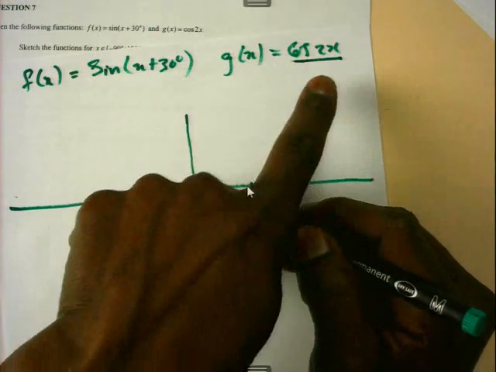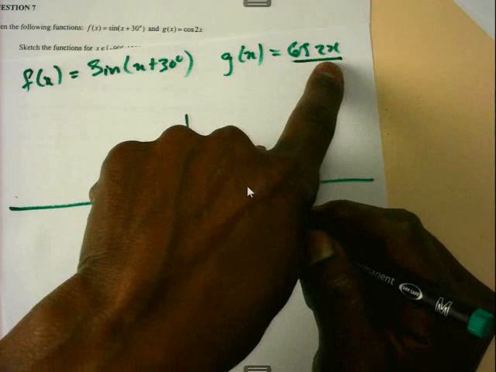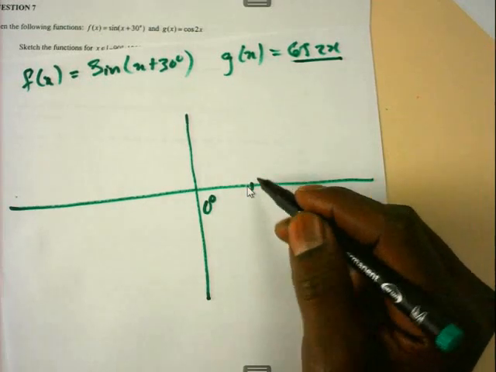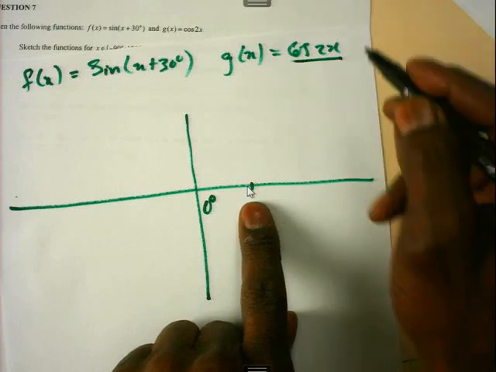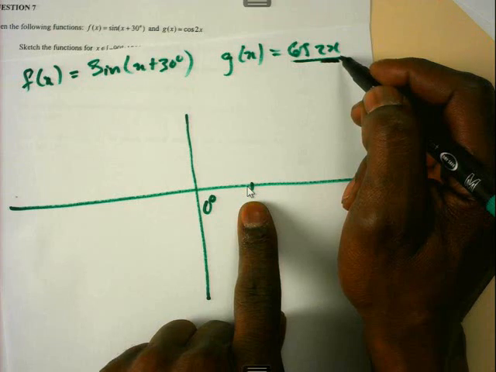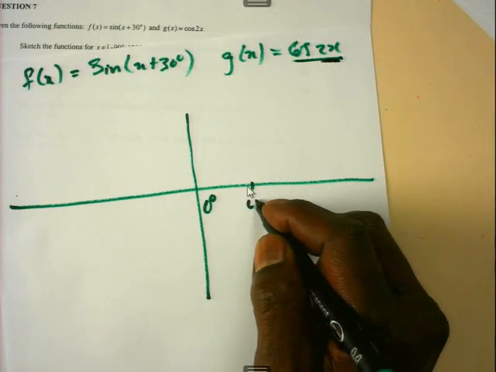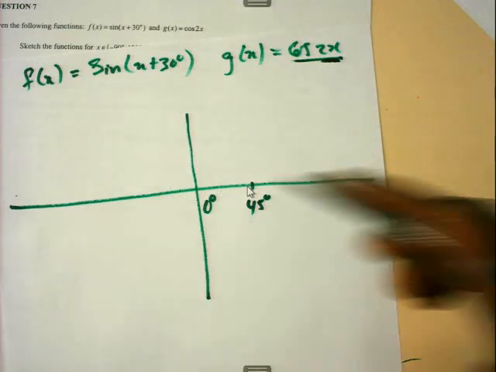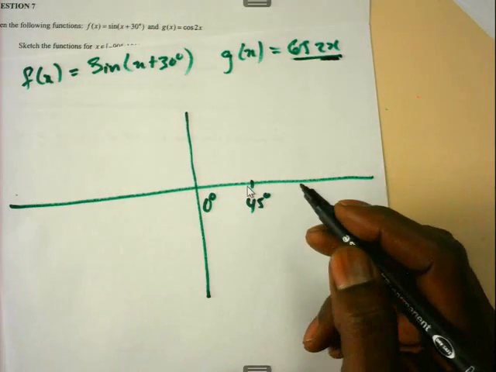But if we have 90, it's going to be 2 times 90, and it's going to be 180. It's going to spoil our song. The next thing that we are expecting is to have 90. In order to have 90 there, we must multiply that x by 45 degrees. So that gives us the scale of our graphs as multiples of 45 degrees.